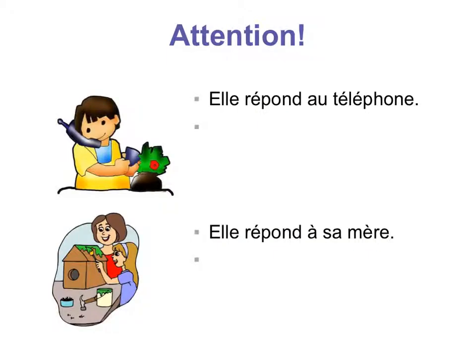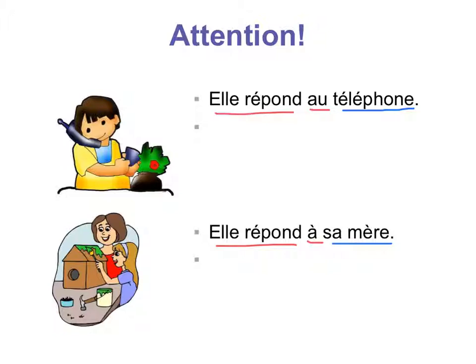Alright, attention, watch out. Let's take a look at these two. Elle répond au téléphone. Elle répond à sa mère. So, both of these look very similar. We're using the same subject and verb. We both have a form of à, but they're actually going to be quite different. Why is that? Well, hopefully you're noticing one is regarding a telephone. She's answering the telephone. The other one has to do with her mom, a person.